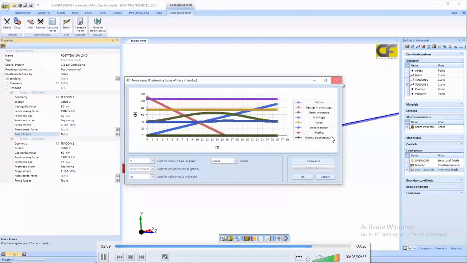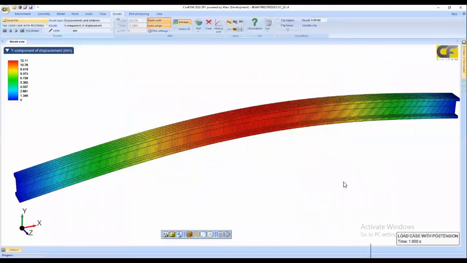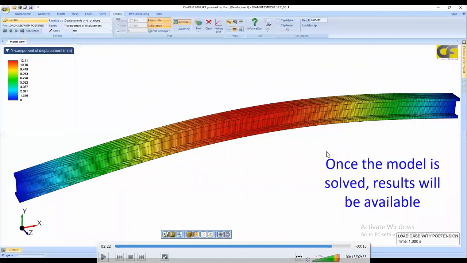In case you don't want to include losses, you can set them to 0, so you will have the full force applied. Okay. That's already the finite element analysis. Okay.